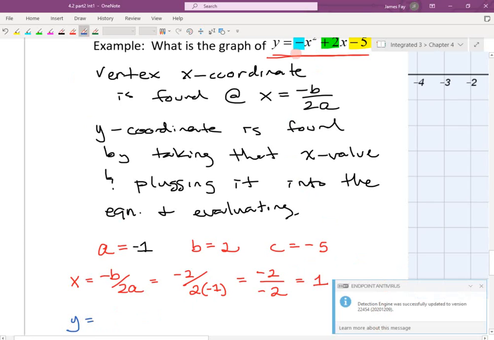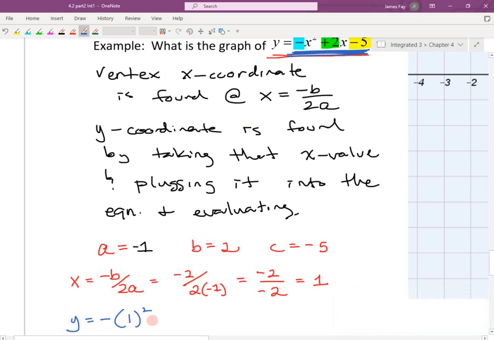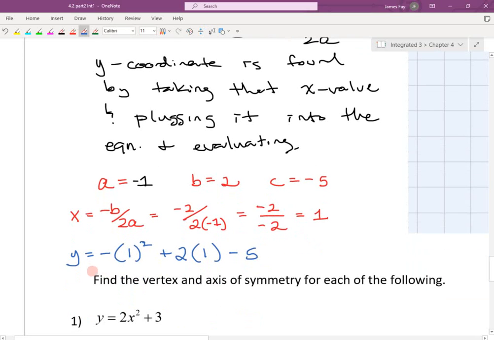I'm going to take that 1 and plug it into the equation as the x value. So I'm going to have a negative x squared, where x is in this case 1, plus 2 times x, which is 1, and then minus 5. Then we evaluate that. What's 1 squared? 1.